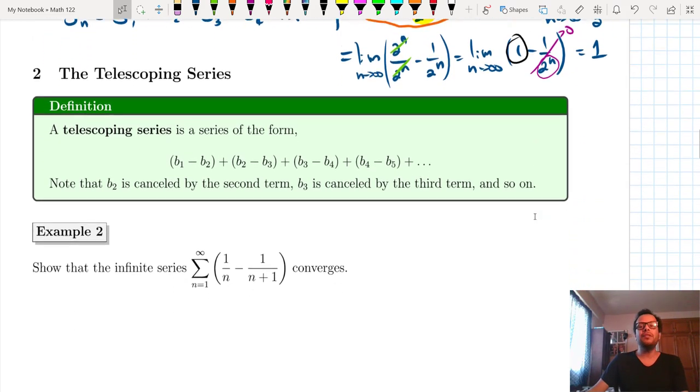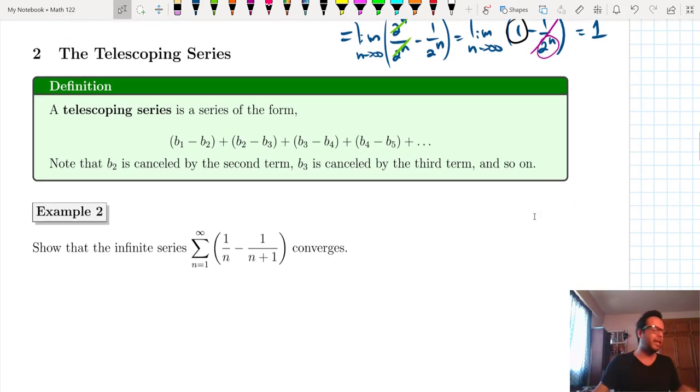Okay, the telescoping series. So that's one very interesting example. It's a series of the following form, in which we have b sub 1 minus b sub 2, b sub 2 minus b sub 3, b sub 3 minus b sub 4, b sub 4 minus b sub 5. So what happens here?